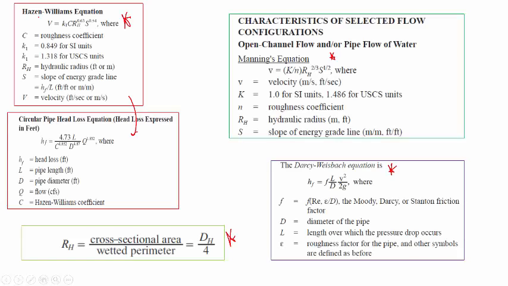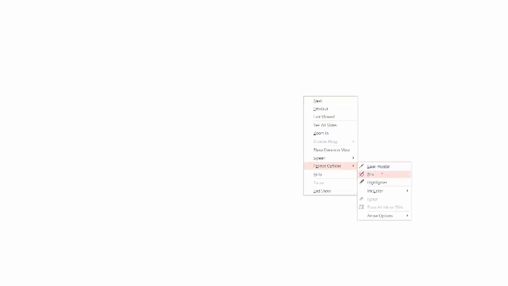Okay, so remember that the first thing we always do is obtain the energy equation. So P1 over gamma plus V1 squared over 2g plus z1. There are no pumps or anything that adds energy.